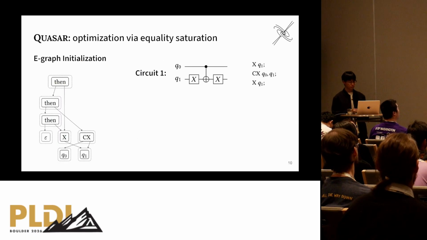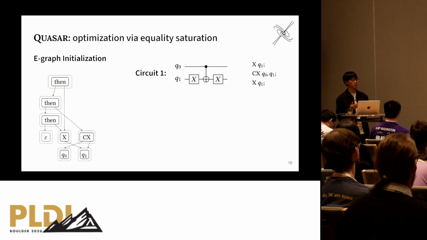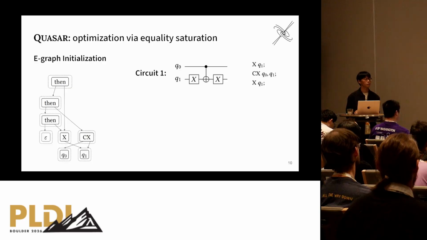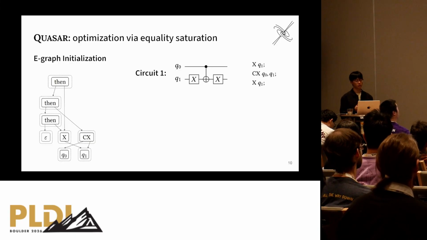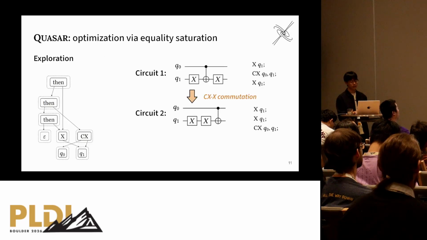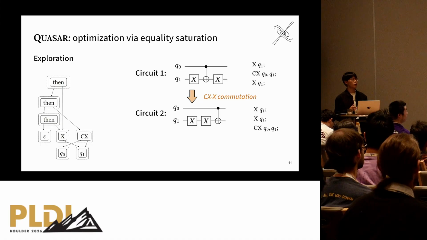Here, first, it will initialize the E-graph, and for simplicity, we just represent the quantum circuit as sequences and encode them into the E-graph. In the paper, there are multiple encoding approaches. It will first encode the input circuit 1 into the E-graph, and during exploration, it will do multiple rewrites.